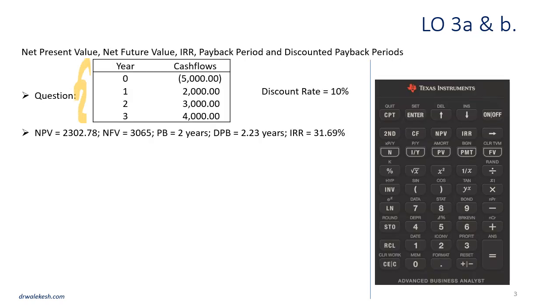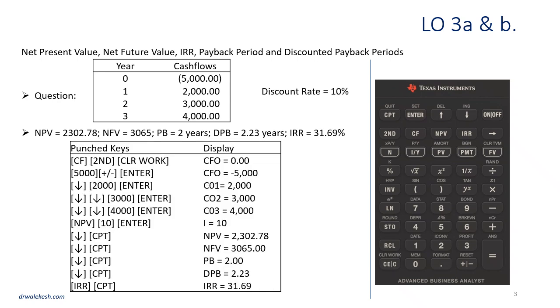As far as this question is concerned, we should agree with all of these answers by now. Our focus on this slide is on how to use our financial calculator to solve for all of this. So let's get started. The first step is to press cash flow.